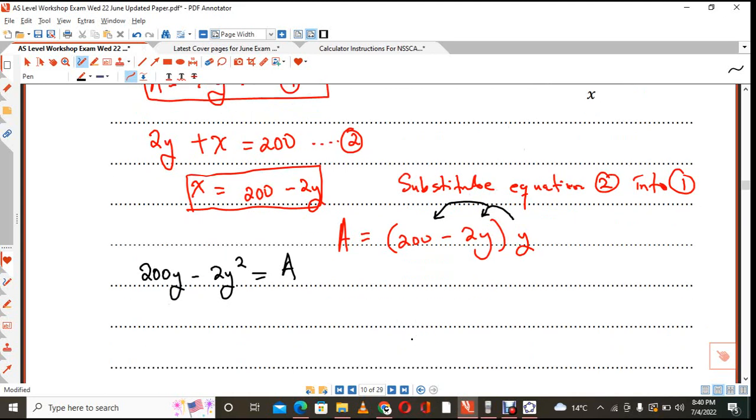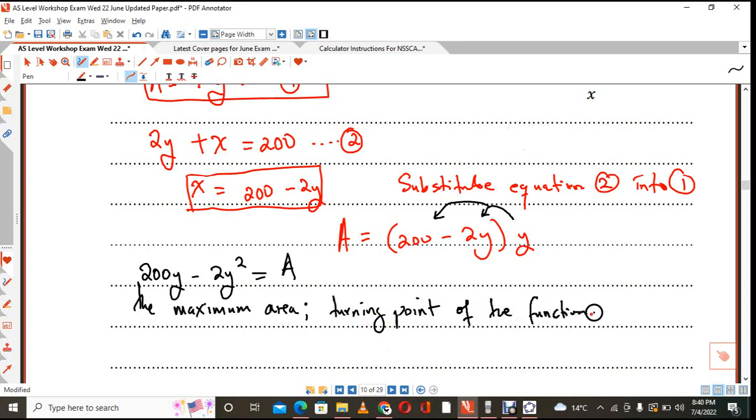So why is this important? The maximum or greatest area is the same as saying what is the turning point of the function. So this function is a quadratic function.